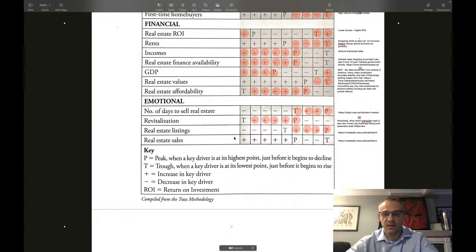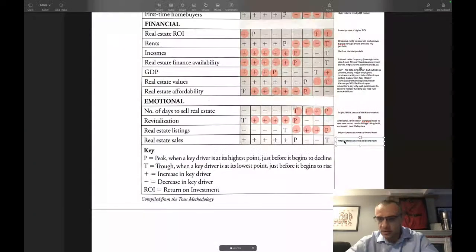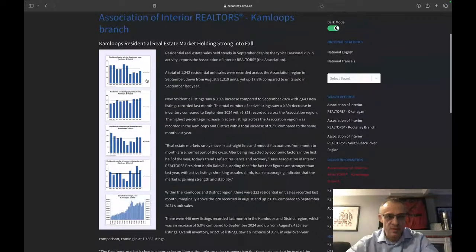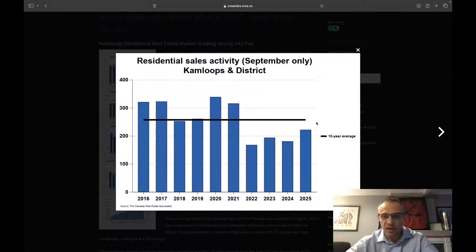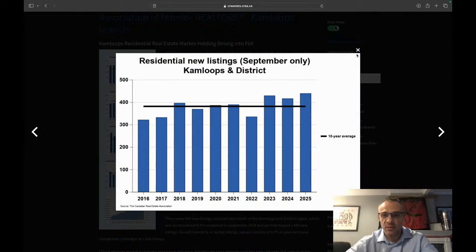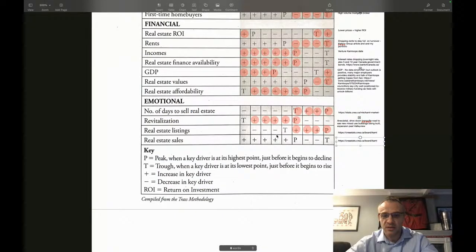Okay, and then sales. Same thing. So let's look at sales. There's sales activity for September. And sales are up, but still below the 10-year average for September. It says listings are up and sales are up.